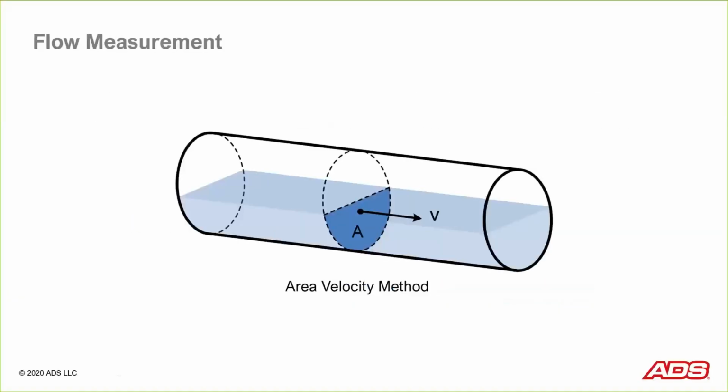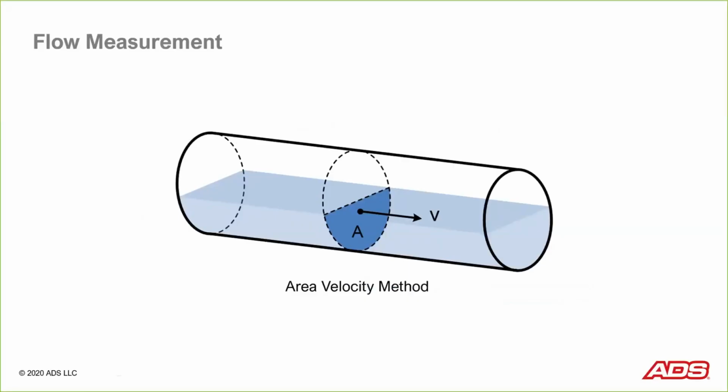Before we do that, I want to provide a little bit of background just to make sure everybody's on the same starting point. When we talk about measuring flows in sewers, we do so by something called the area velocity method. Almost any make or model of sewer flow monitor that you look at for gravity sewers operates on this principle.